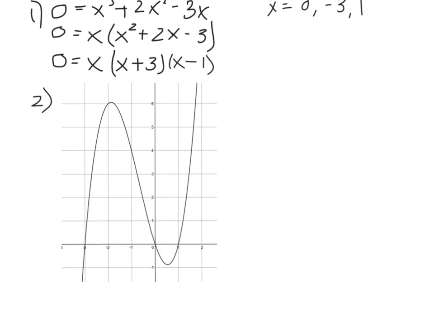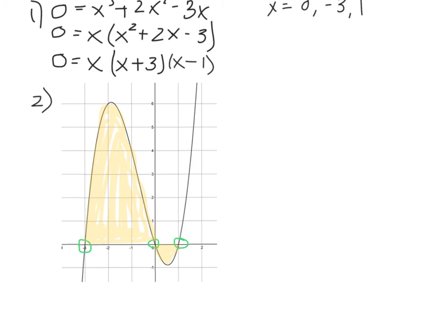So if I'm finding the area between this curve and the x-axis, I've got this arch right here between -3 and 0, and then I've also got this arch down here between 0 and 1.